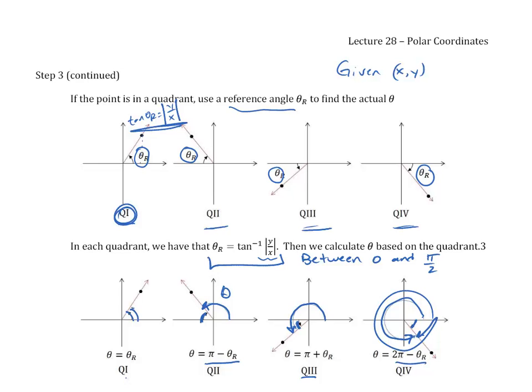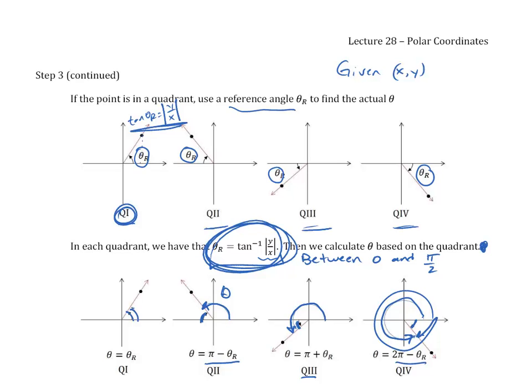So I just have to remember, if I'm in quadrant 1, whatever I get from this formula right here is my theta. If I'm in quadrant 2, I take pi minus that. If I'm in quadrant 3, I take pi plus that. And if I'm in quadrant 4, I take 2 pi minus that. 3 shouldn't be there, sorry.